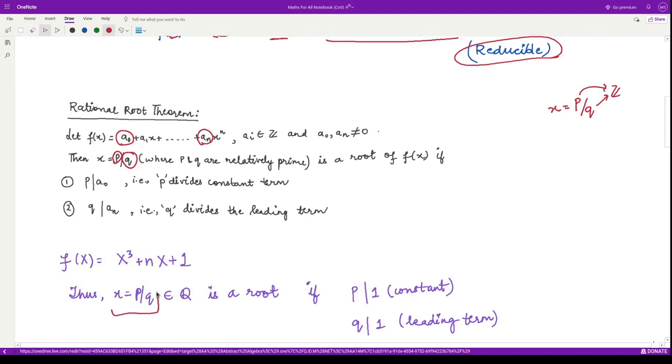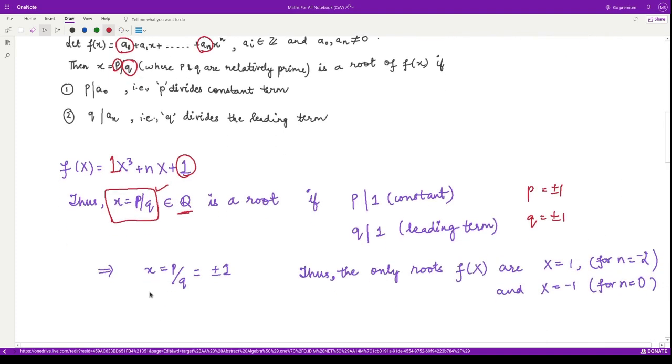Rational roots obviously include integers, so it's better to check for rational roots. Here p should divide the constant term, that is 1, and q should divide the leading coefficient, that is also equal to 1. So p could be plus minus 1 and q could also be plus minus 1. Therefore this rational number p by q is either equal to plus 1 or minus 1.